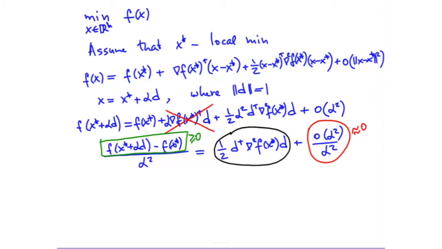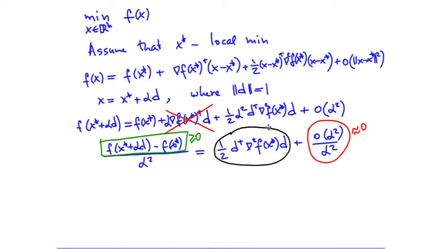Because this term doesn't depend on alpha in any way, I can always select alpha small enough for us to claim that this term is less than this one in absolute value, right? Therefore, when I add these two together, the sum will also be negative. So if I assume that this is negative, then the whole thing will be negative for small enough alpha.